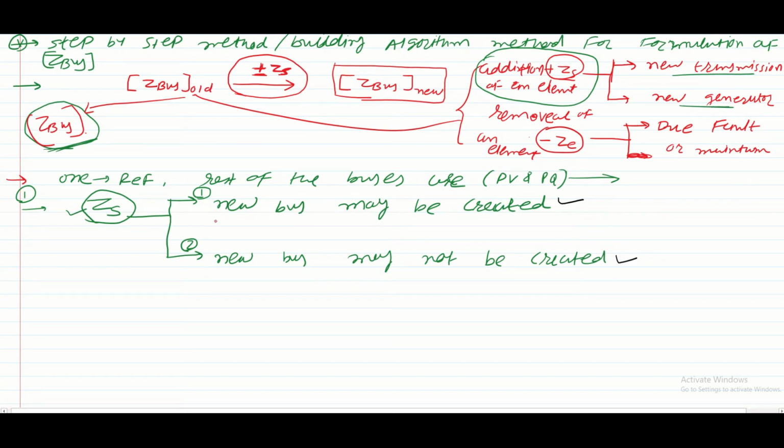The new bus may be created if the new element which is added is a tree branch.